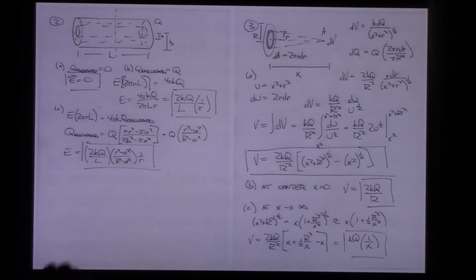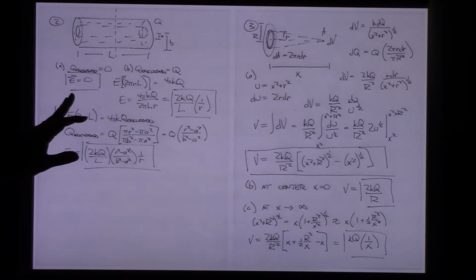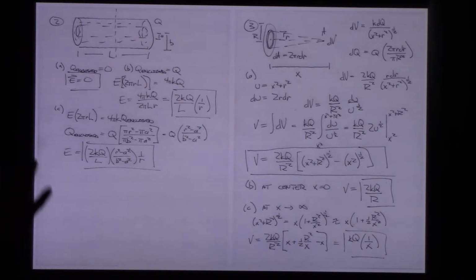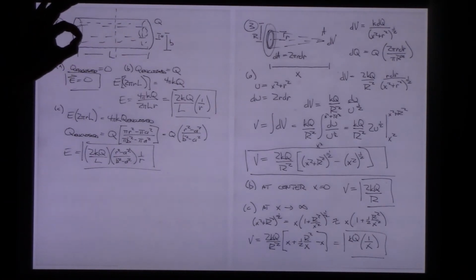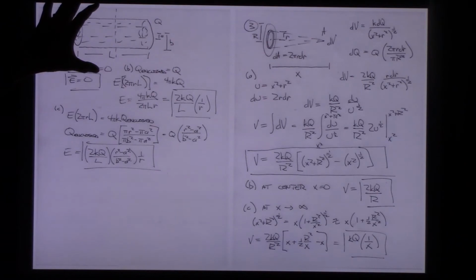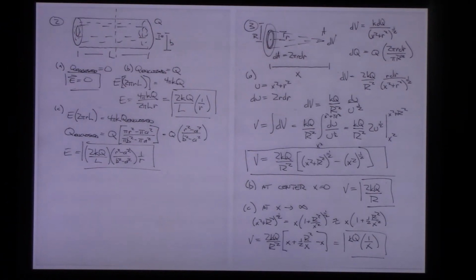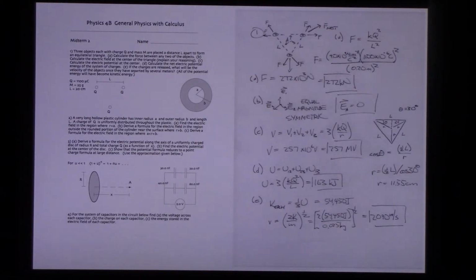Okay. So let's use Gauss's law. Let's pick some Gaussian surfaces. And the Gaussian surfaces this time are going to be cylinders. Now I can draw a Gaussian surface within that inner surface, and I can draw a Gaussian surface that completely wraps around the cylinder, and then I can pick a Gaussian surface in the region between the two cylinders, or within the cylinder material itself, let's call it that.